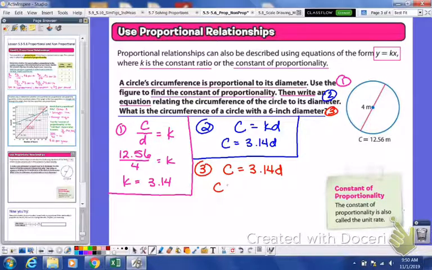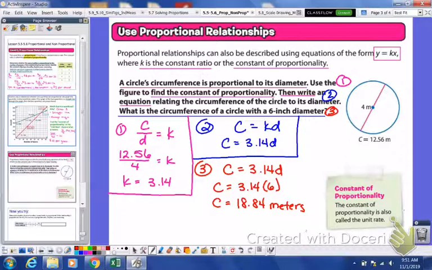That's our D. So C equals 3.14 times 6. We go ahead and multiply that out. C equals 18.84. And we were labeling in meters. So the circumference of a circle with a 6-inch diameter would be 18.84 meters.